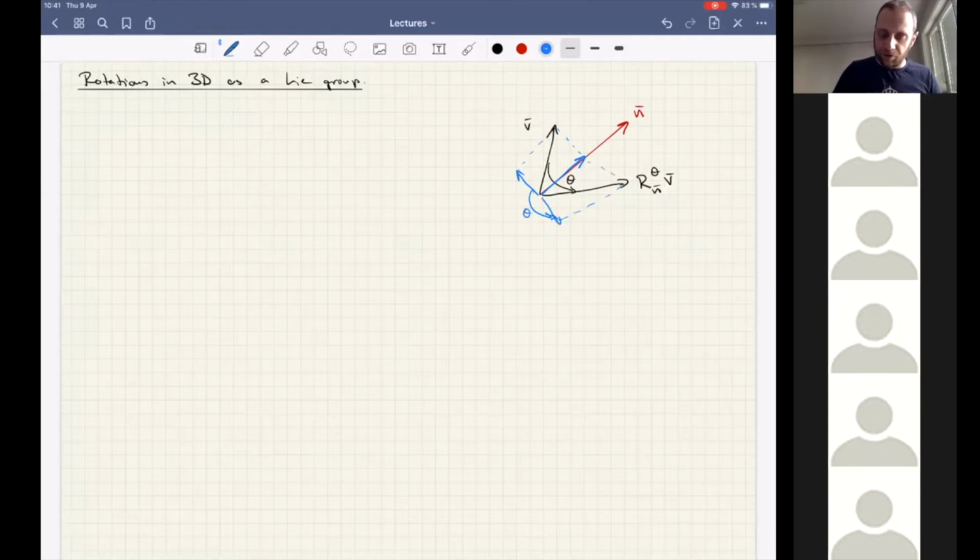So first of all, we need to know the component of v in the direction of n. That's going to be n multiplied by the inner product between n and v, since n was assumed to be a unit vector. And then the second term is going to be minus n cross (n cross v).